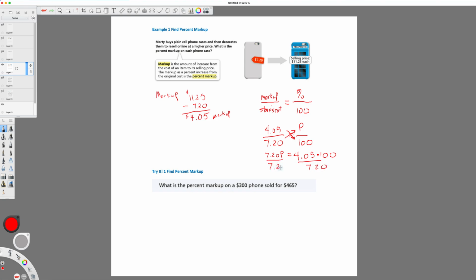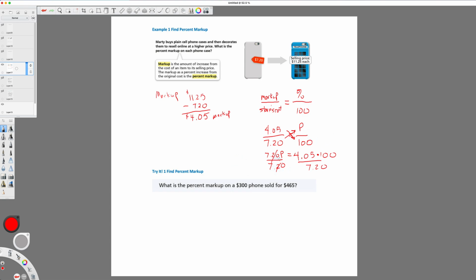Now, when I'm doing these myself, I probably would not use a proportion. I'm doing it this way because you all seem to prefer that method, and I don't have a problem with it. It's just a little bit longer for me. So I'm going to do that arithmetic. 4.05 times 100, and then I'm going to divide by the 7.20.